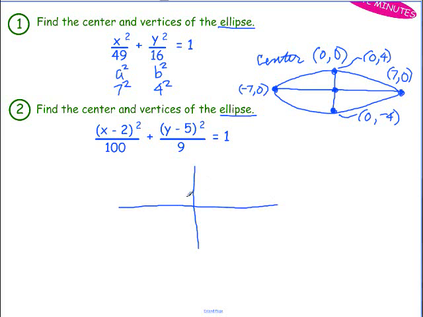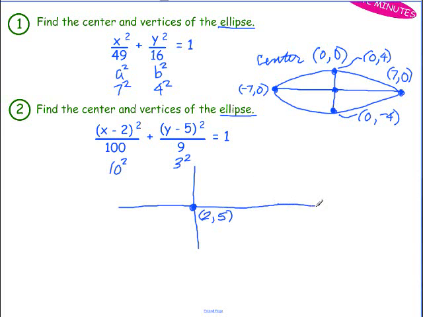My center right here is at 2, 5. This is the same as 10 squared, and this is the same as 3 squared.